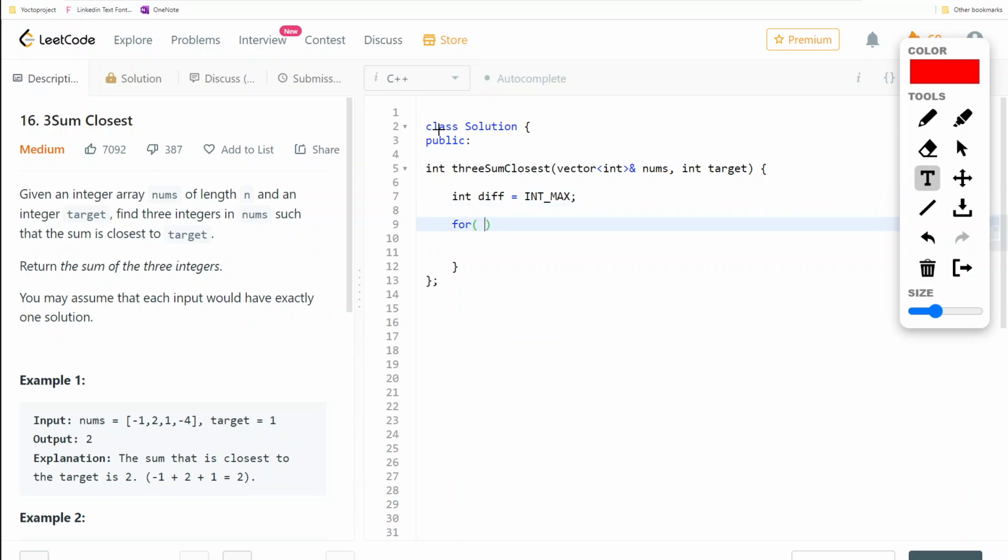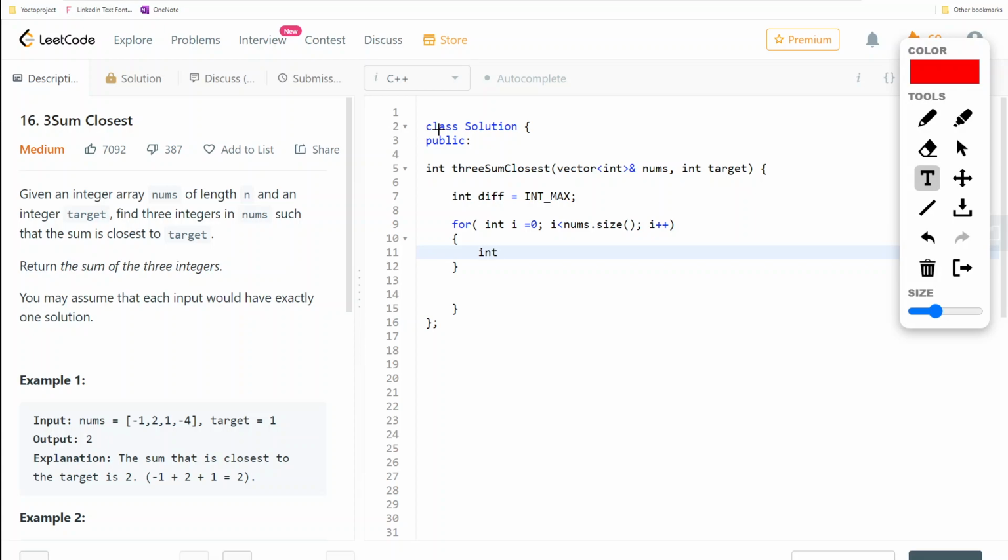Now comes the part that we are required to traverse, right? So for traversal, we will be going like this, and for our nums array, we require the size of that, right? So here we will be getting our size and then i++. Now comes the next part about taking left and right.